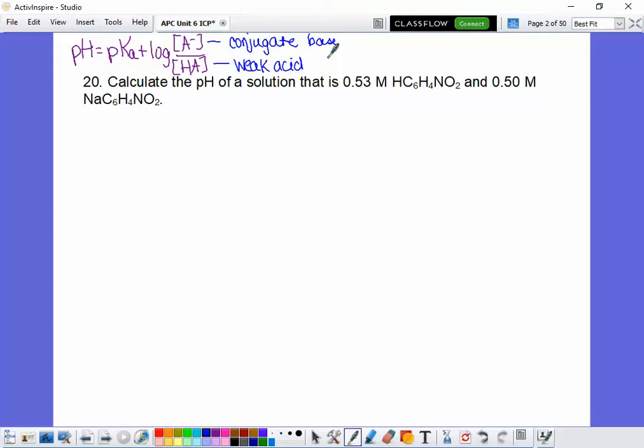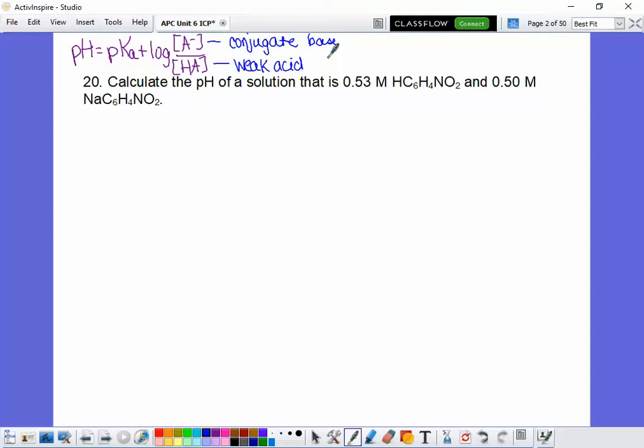No. You found pKa in your previous lab by doing the average pH, but negative log of Ka is how you find pKa. So you have to know the Ka of the weak acid, and if you do negative log of that, you can get the pKa. All right.